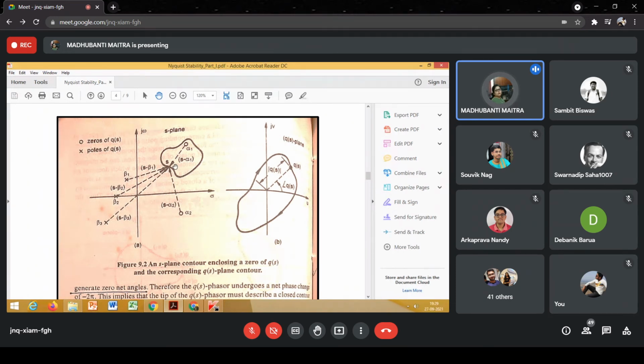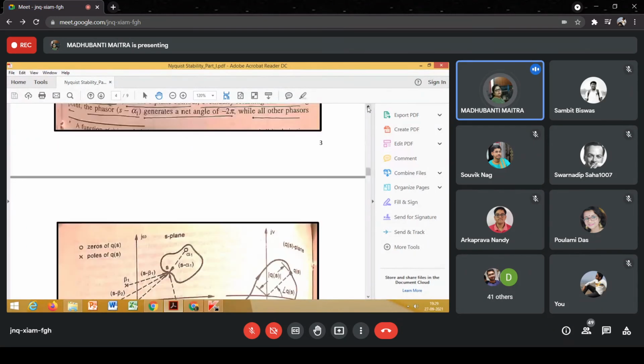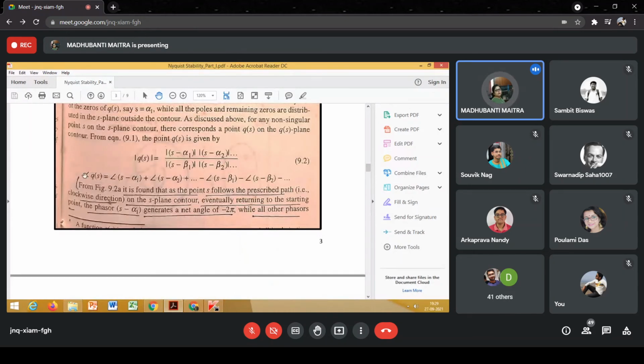Have you understood this? Yes, ma'am. So the tip of the phasor will undergo a net change in angle which is equal to minus 2 pi. Now let's get back to this equation. What will happen to delta Q(S)? Delta Q(S), so actually net change in angle of Q(S) phasor.